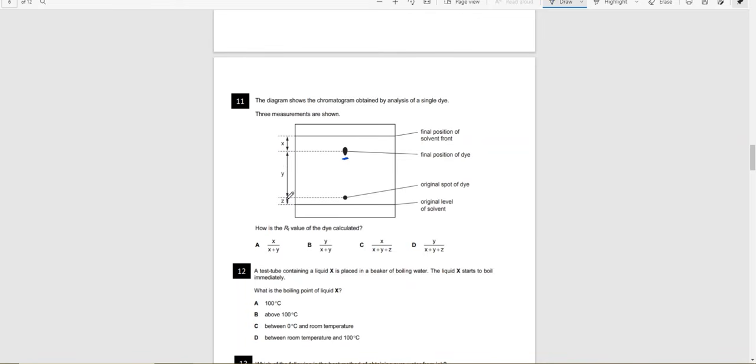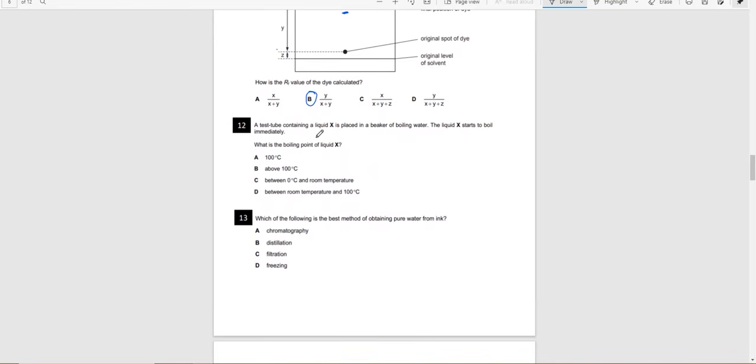Distance traveled by solute is this much, measured from the spot to the origin line. You have to measure from the origin line. Y over x plus y. The distance traveled by solvent is x plus y. Do not measure from here; that is the original level of solvent. You have to measure from the spot of dye.